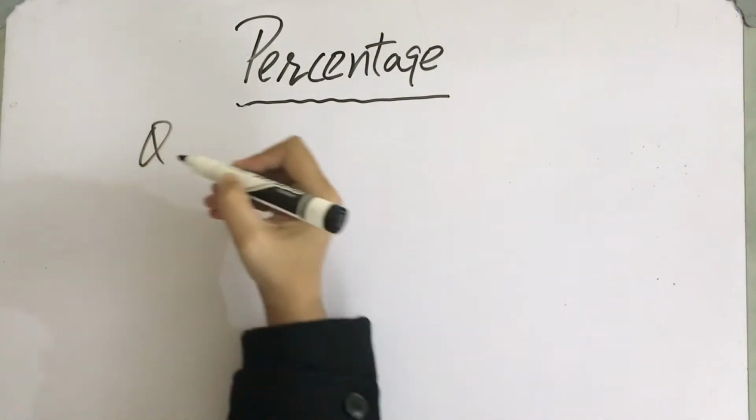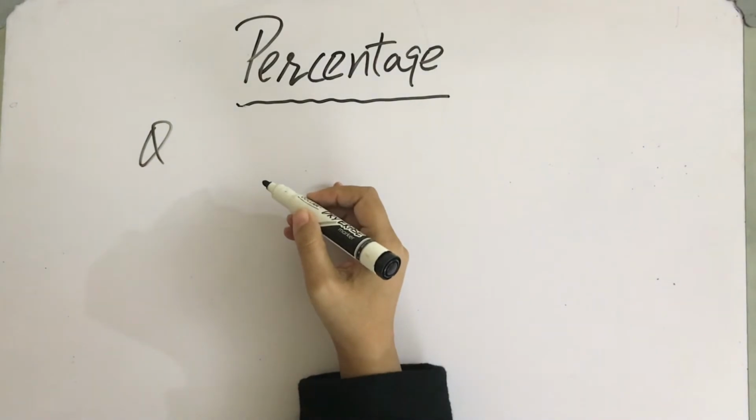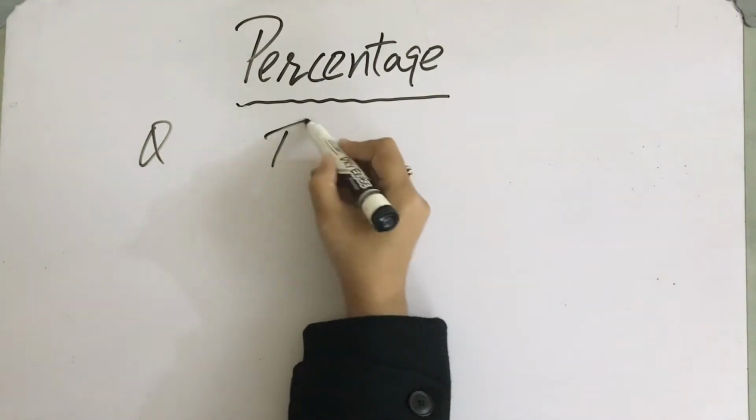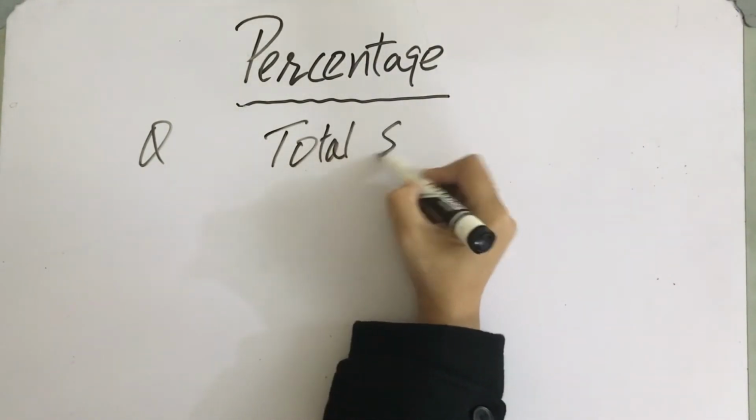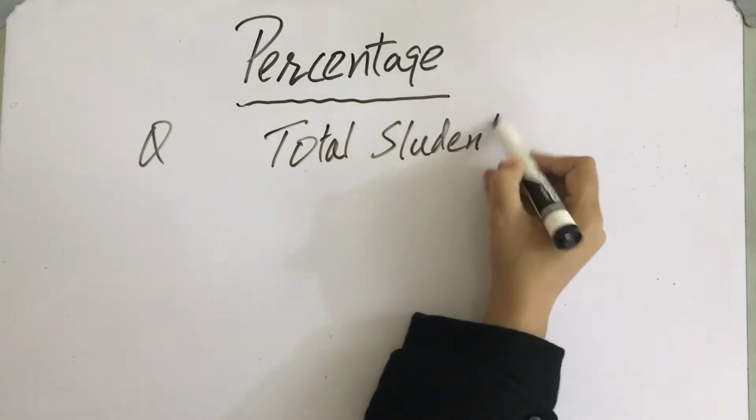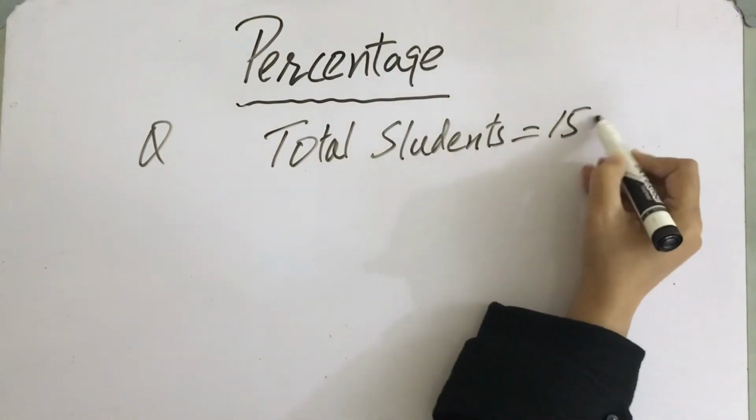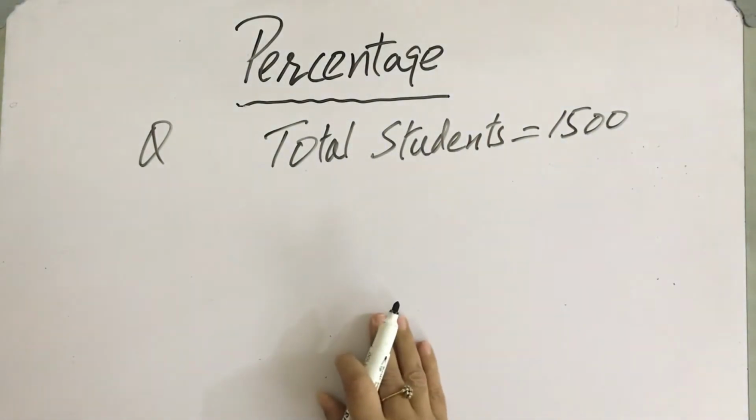My next question is, please listen to me carefully. A school has 1500 students. Total students 1500. Given that 3% of them were late for school on a particular day, find the number of students who were late.